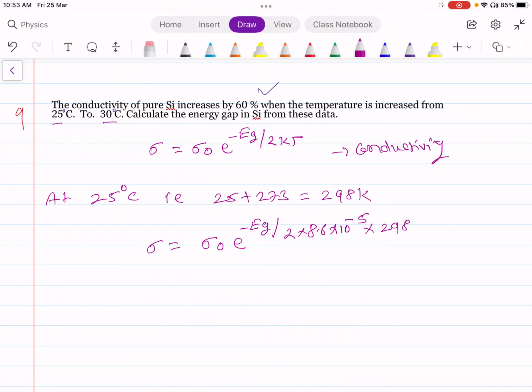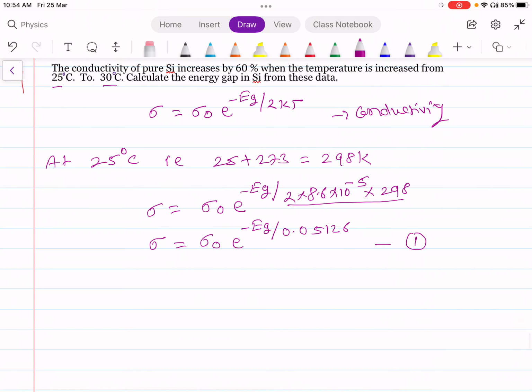Let's simplify it further. So sigma naught e raised to minus of Eg, and the value of this multiplication is 0.05126. Let's say this is our equation 1.